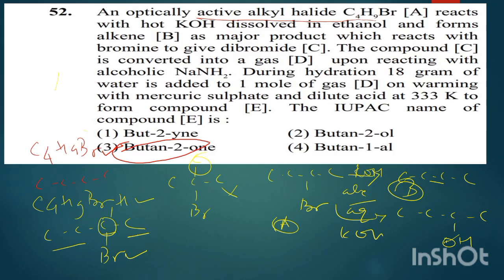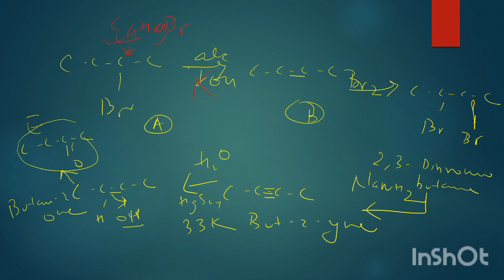So alcoholic KOH gives an alkene, whereas aqueous KOH would give an alcohol. Aqueous means water, and in water OH is added. With alcoholic KOH we get elimination.